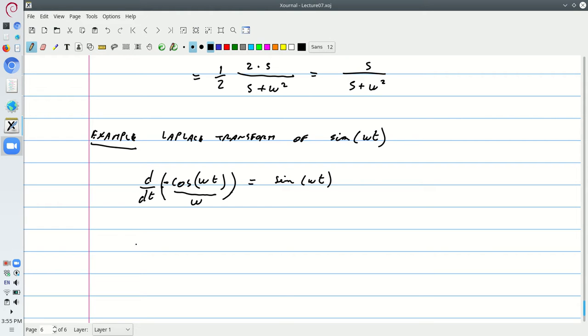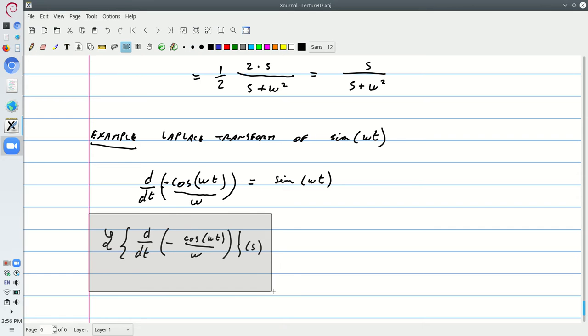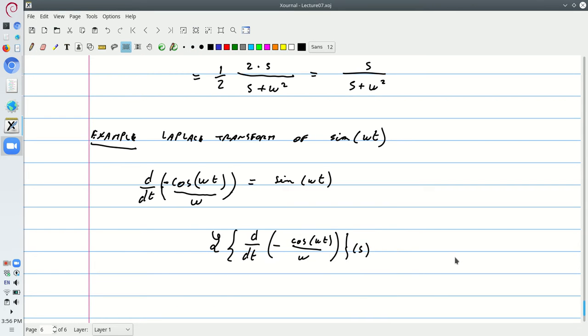So we simply proceed by using the formula for the derivative. The Laplace transform of the derivative of minus cosine of omega t divided by omega as a function of s needs to be equal to the Laplace transform of sine of omega t as a function of s.